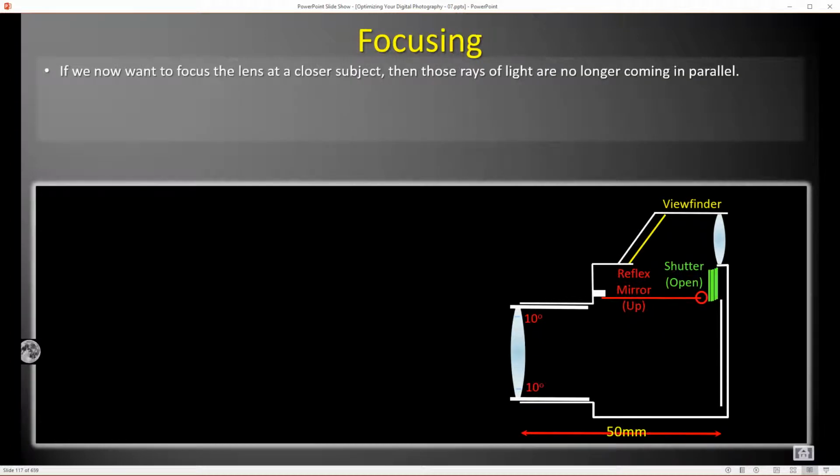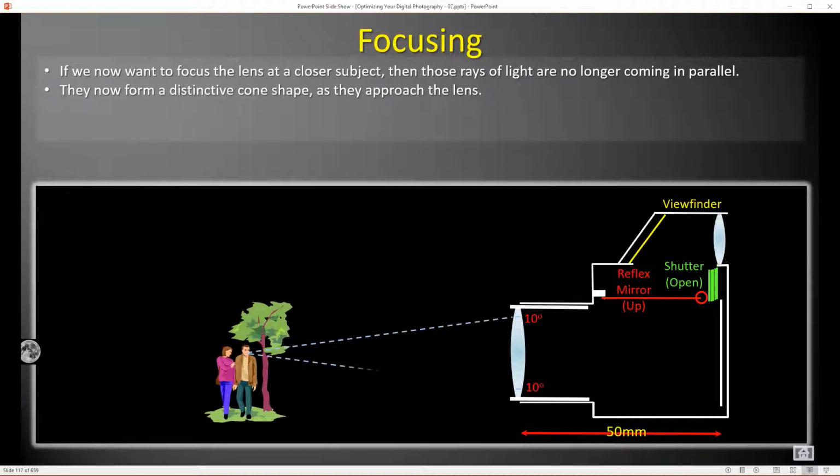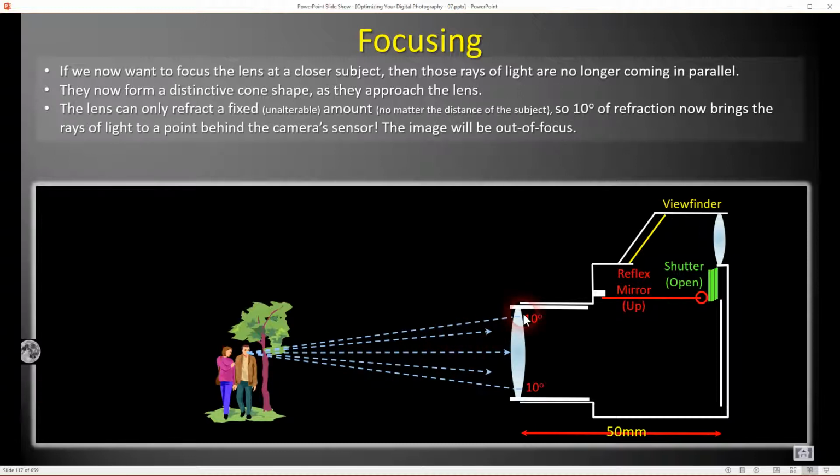Now if we want the lens to focus at a closer subject, then those rays of light are no longer coming in parallel, or effectively parallel. Okay, so now they're coming from, and remember those cones of light that I've been trying to depict throughout these videos? So they are essentially coming in as a cone of light rather than parallel lines from something at infinity. But they're only going to get refracted by the same amount, that 10-degree angle.